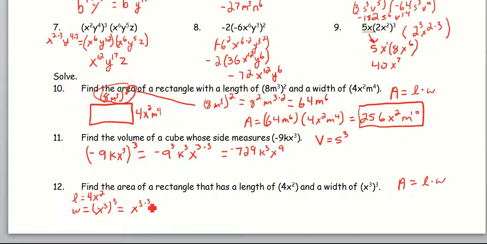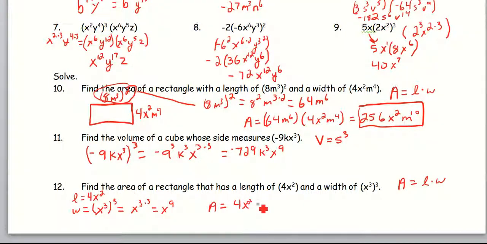So now that we have that worked out, now we can start our equation over here. We're looking for area equals, the length is 4x squared times the width is x to the 9.